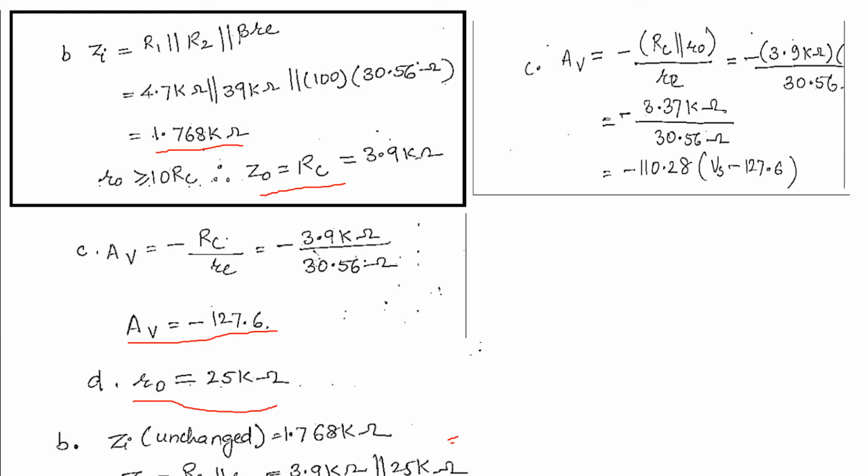What will be the voltage gain change? The voltage gain has come down to minus 110.28, when R0 was 40k, that time it was 127.6. So you can see that when R0 is reduced, the voltage gain also reduces. That is what we are comparing.